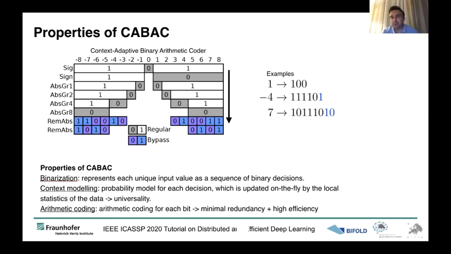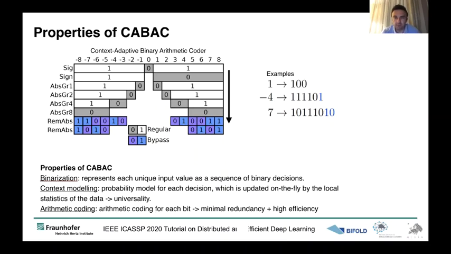So this is how the encoding works. You make these decisions and compare in which interval your number falls, and then you get the binary representation of your number. CABAC has the property that it represents each unique input value as a sequence of binary decisions.